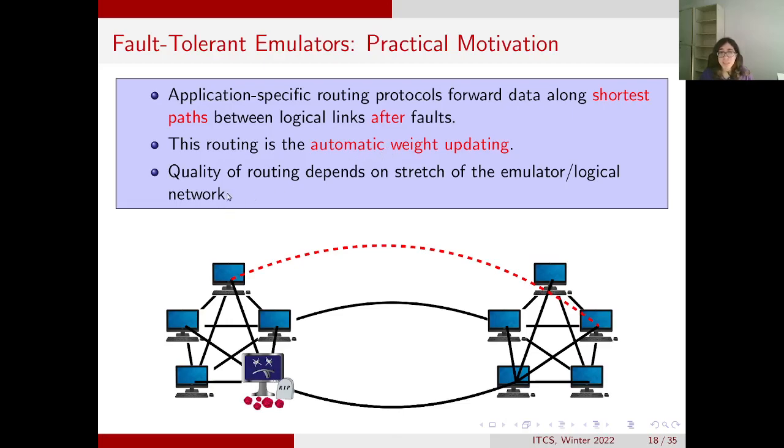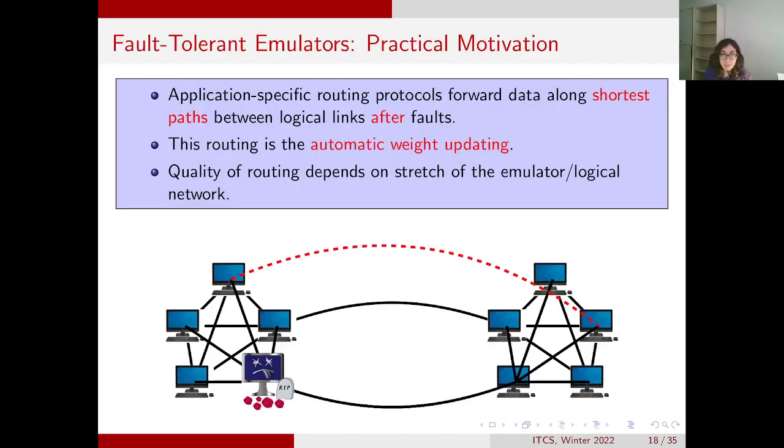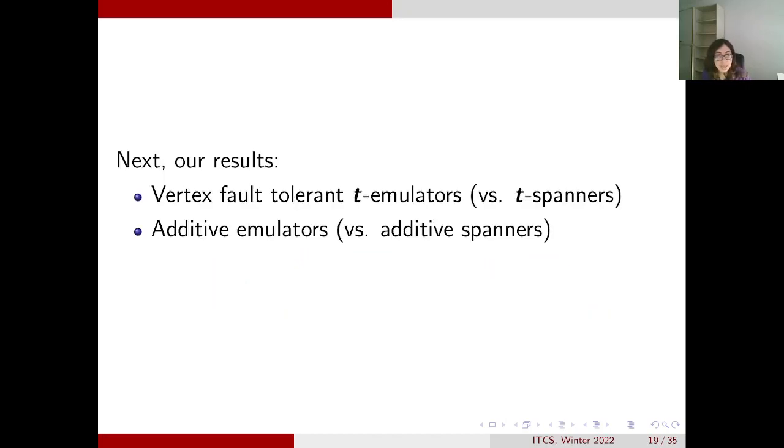And the quality of the routing would depend on the stretch, or the quality of the emulator or this logical network that we've constructed. So this weight updating, even though it may seem kind of new and strange, makes sense both theoretically and practically. Okay, now we've given a definition of emulators in fault-tolerant settings, and let's move on to an algorithm for constructing emulators and what our results are.